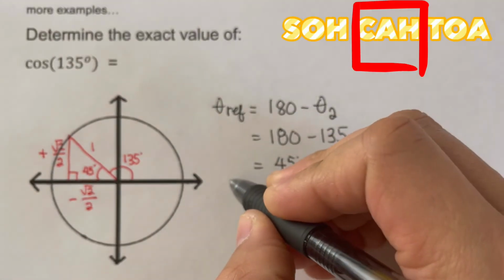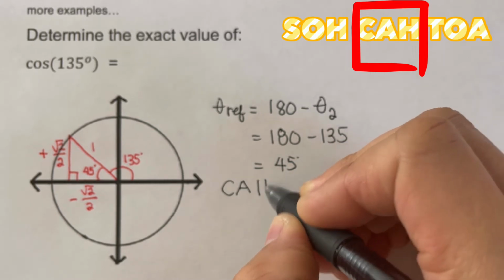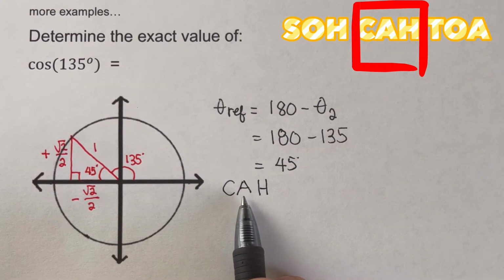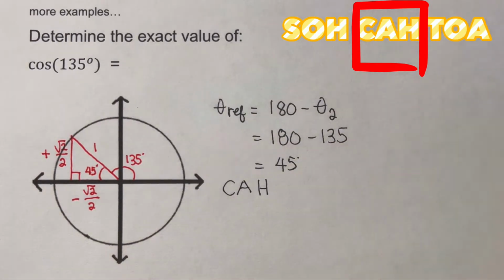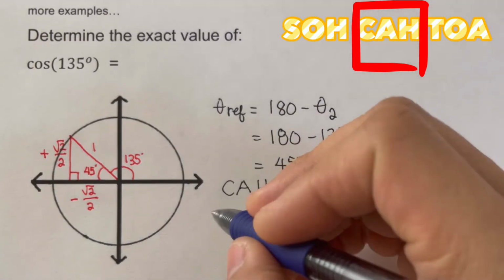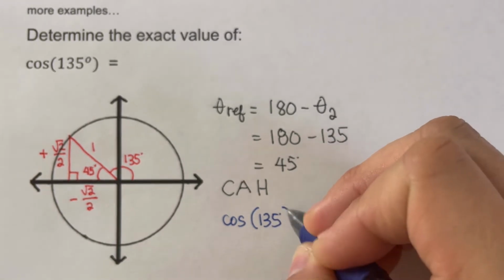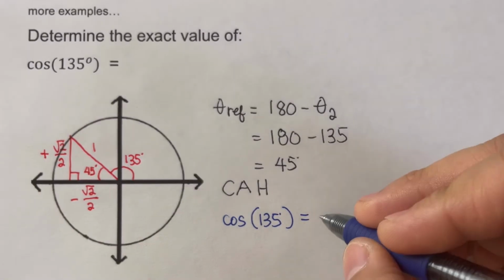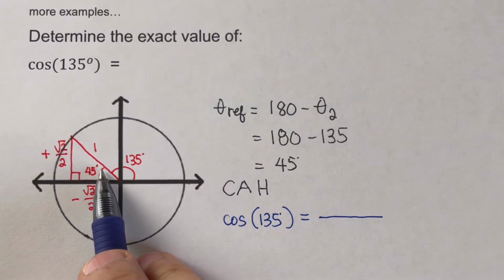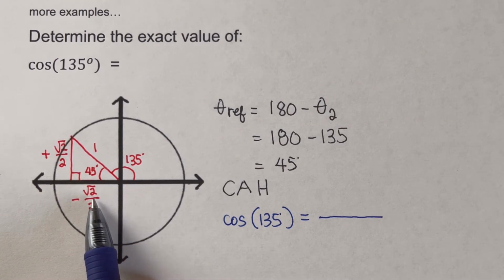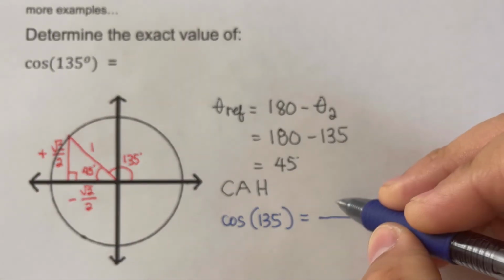So that we can go ahead and use the acronym SOHCAHTOA, that is cosine. So we're going to use the CA. CA means cosine is equal to adjacent over the hypotenuse. So we can go ahead and set this up as cosine of 135 degrees is equal to adjacent. So the adjacent of 45 is negative square root of 2 over 2. So I'm just going to write that up here.